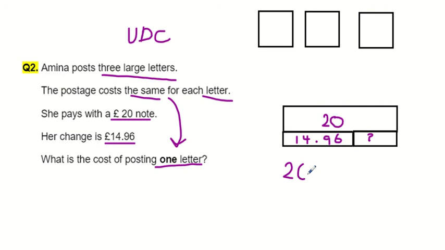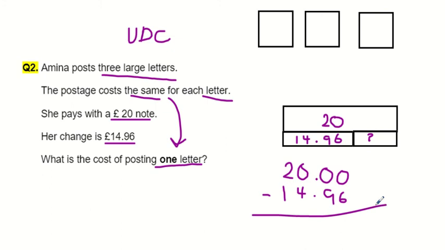So I'm going to do £20 subtract £14.96 to find out, oh sorry, Year 6, it's not the easiest doing it with the mouse. Let me use the pen. There we go, it's a bit better.